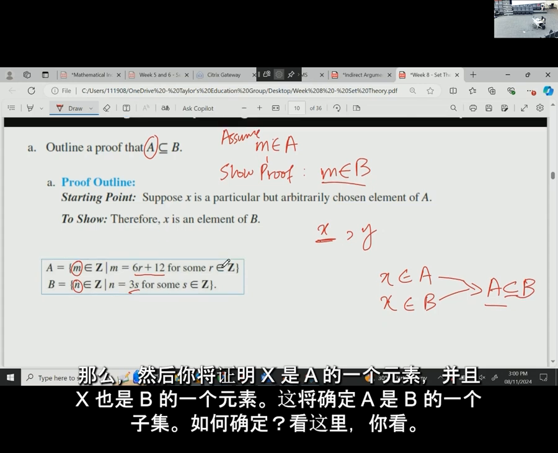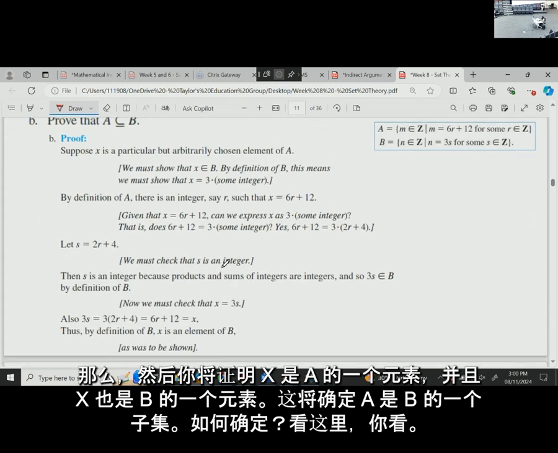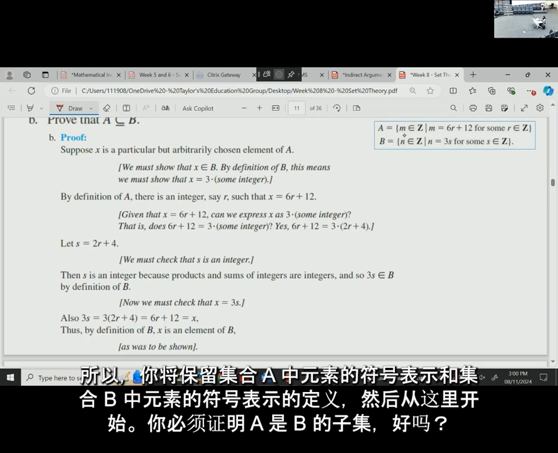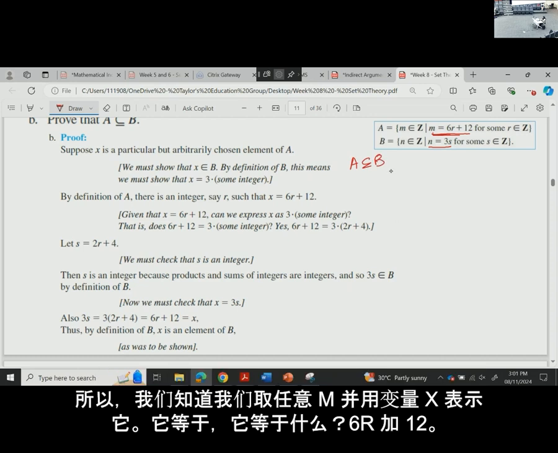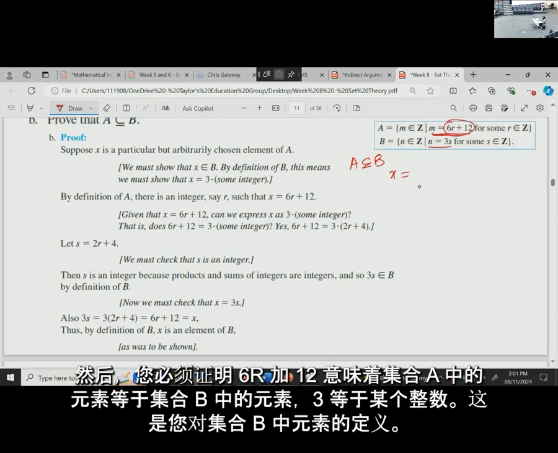How? Over here, if you see, you will keep these definitions or symbolic representations of the elements in set A, symbolic representations of the elements in set B, and then you will start from here. You have to show that A is a subset of B. Okay. So we know we are taking any M and representing it with a variable X. It equals, what does it equal to? 6R plus 12.